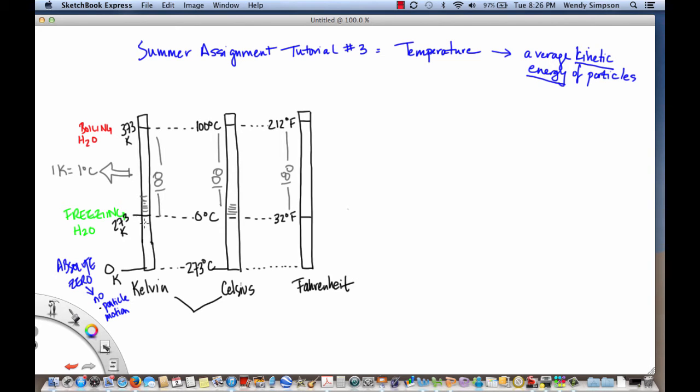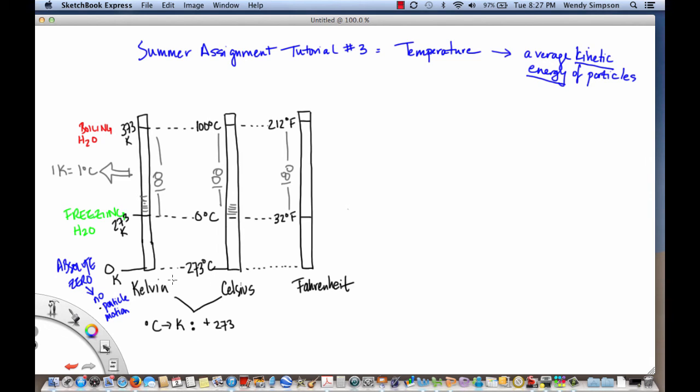We're adding 273. At the boiling point, we go from 100 to 373. Again, we're adding 273. So if we're going from degrees Celsius to Kelvin, we add 273, or we could say 273.15 if you really want to be picky about it.